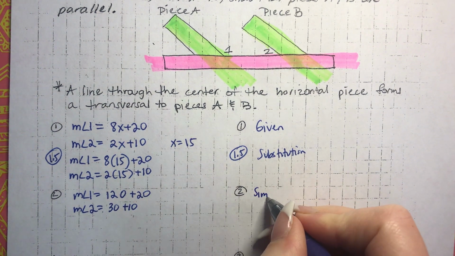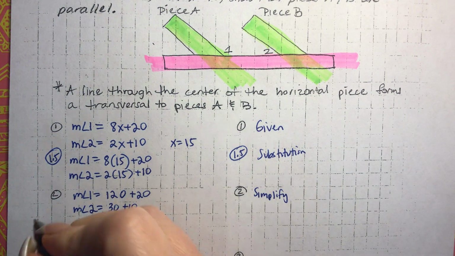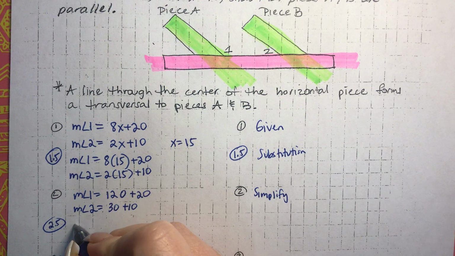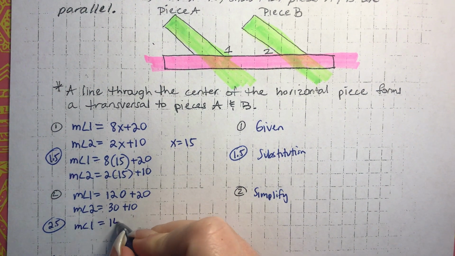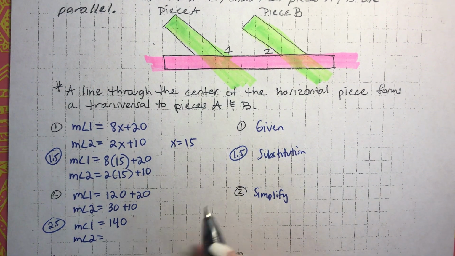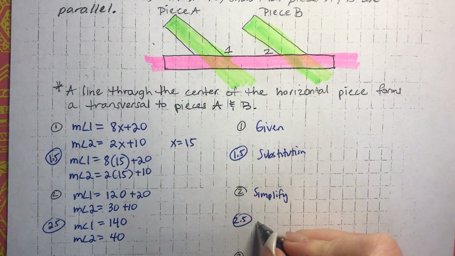So this is just simplifying, right? And then I'll make a 2.5. And then we just figure that out, right? So measure of angle 1 equals 120 plus 20 is 140. And measure of angle 2 equals 30 plus 10, which is 40. And that is 2.5, which is simplifying.